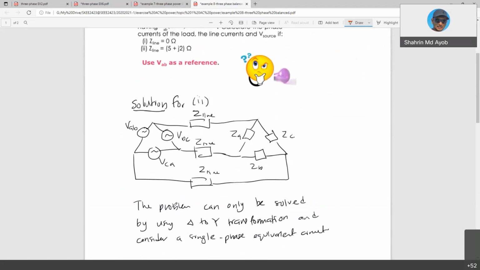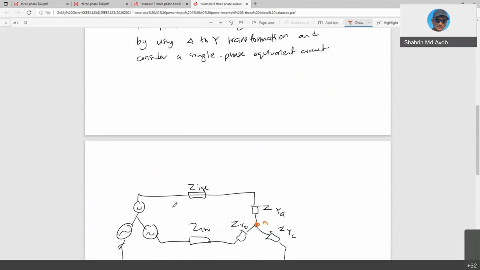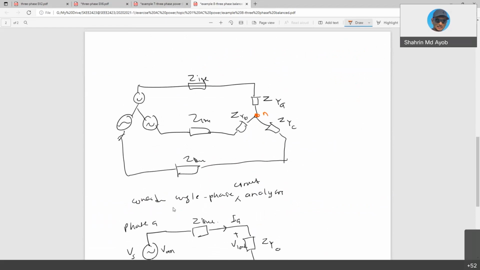So we need to convert into Y connection so that we have the neutral point. When we have the neutral point, we have VAN, VBN, and also VCN. So we have a single phase right now, and we can obtain a single phase equivalent circuit, because we have already obtained the phase voltage, the phase current, and so on.